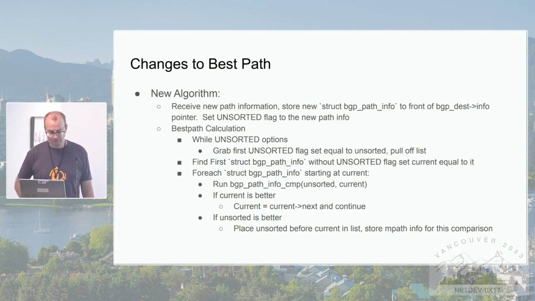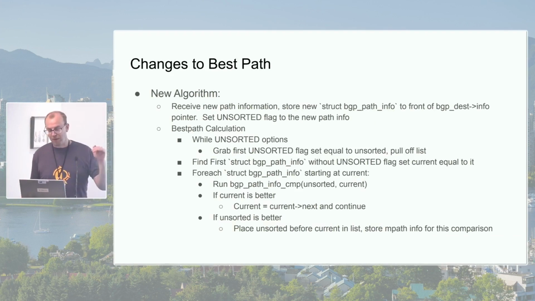So what do I want to do? When I get a new path info, I want to set it as unsorted and put it on the top of the list. Then I grab the first unsorted item and find the first BGP path info without the unsorted flag, and that's going to be the best, because I've already sorted off of it.